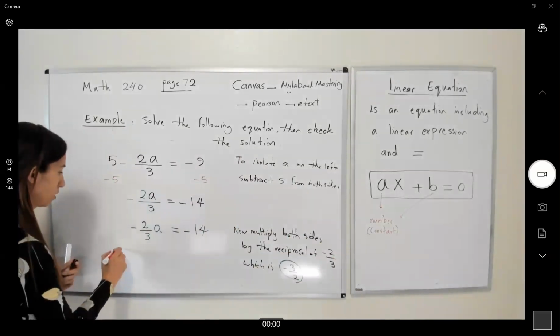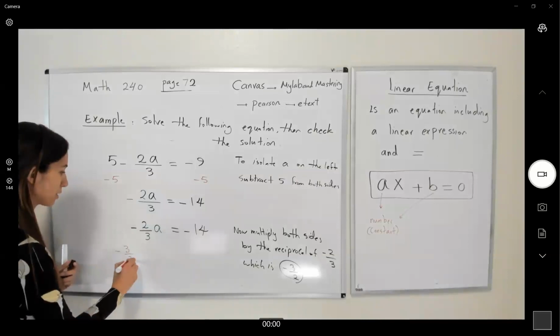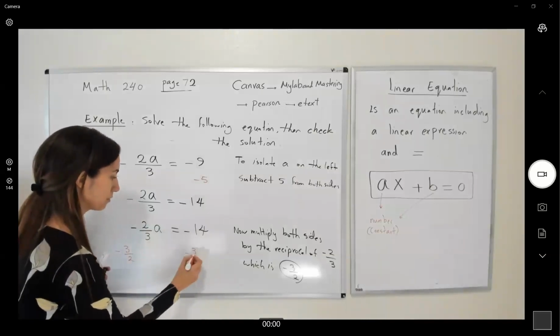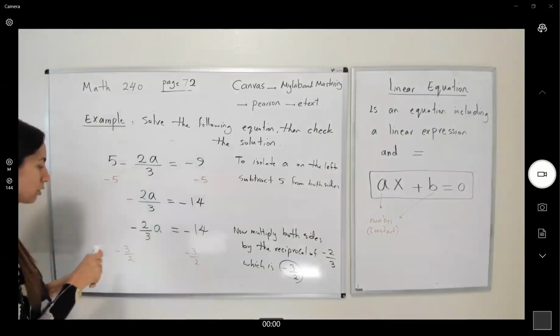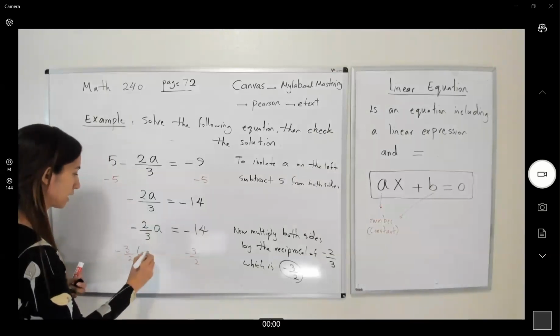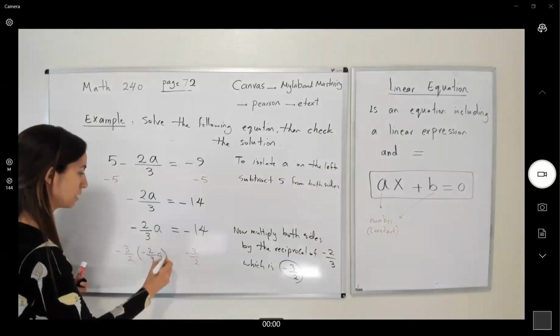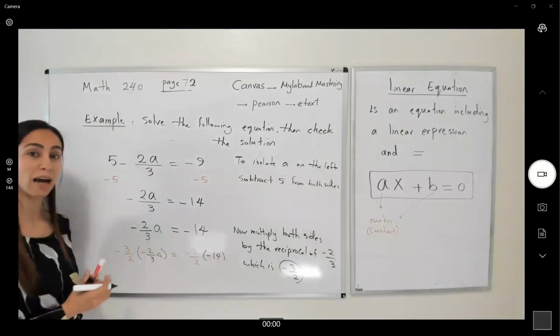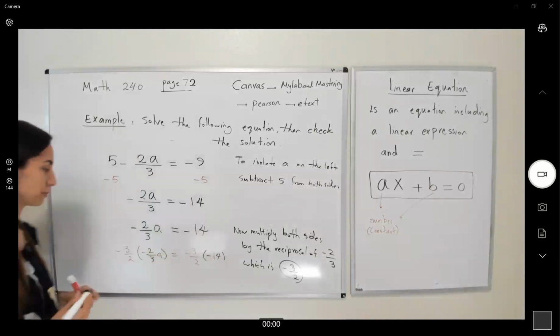Okay, negative 3/2, negative 3/2 multiplied by negative 2/3 a equals to negative 3/2 times negative 14.